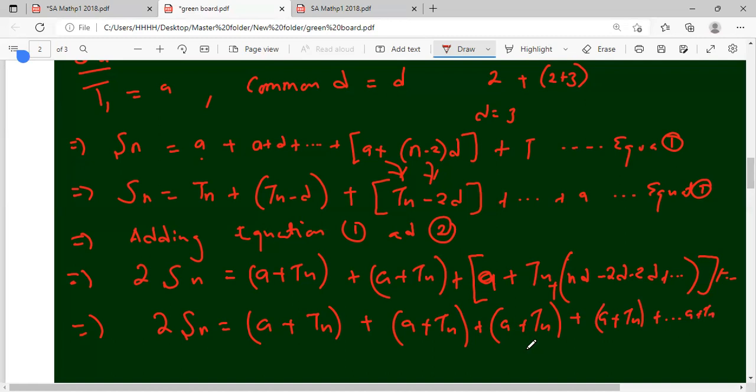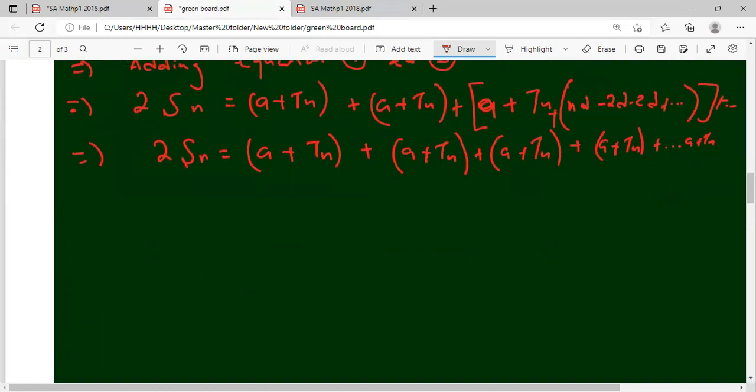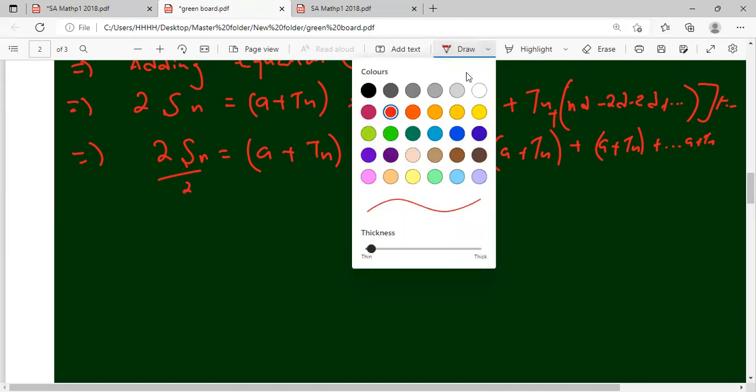Now, you realize one thing here. A plus Tn keeps on being repeated. So we can divide both sides by 2.